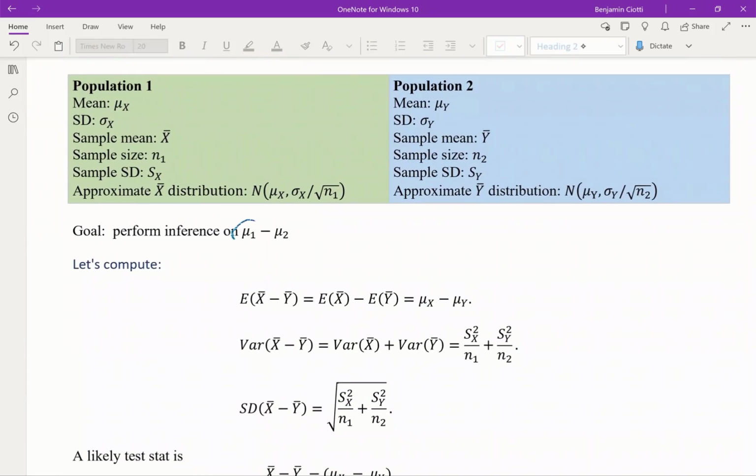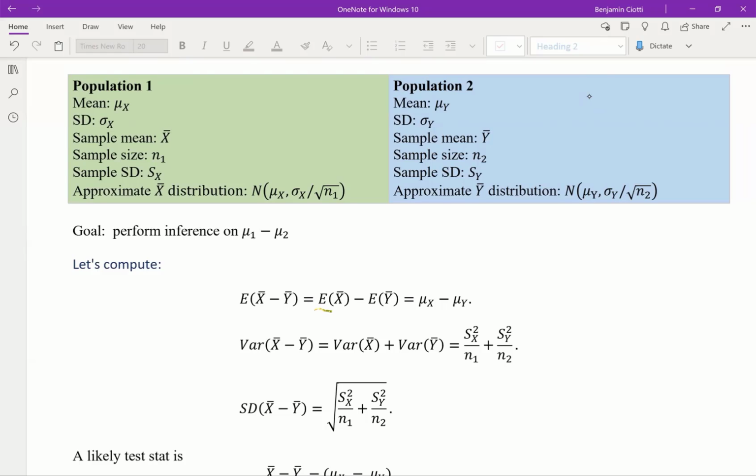And our goal here is to infer information about the difference of the two population means. So a natural best guess for what it should be would be the difference of the two sample means. What do we expect for the difference of the two sample means?